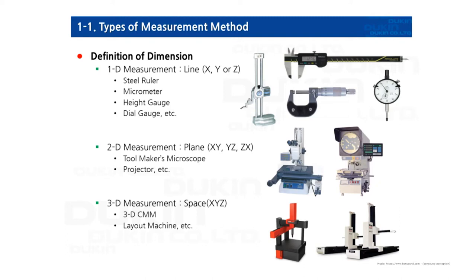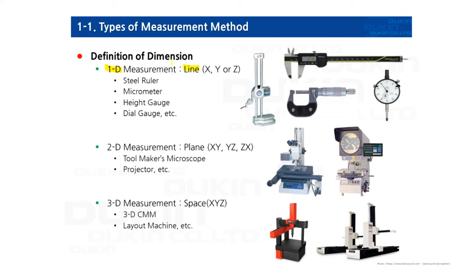Types of measurement method. There are definitions of dimension here, but let's talk about zero dimension first. Think of a point as a zero dimension, and if you duplicate that point and connect them to each other, it becomes first dimension. It has only 1 degree of freedom, which is a straight line, such as x, y, z as a coordinate.